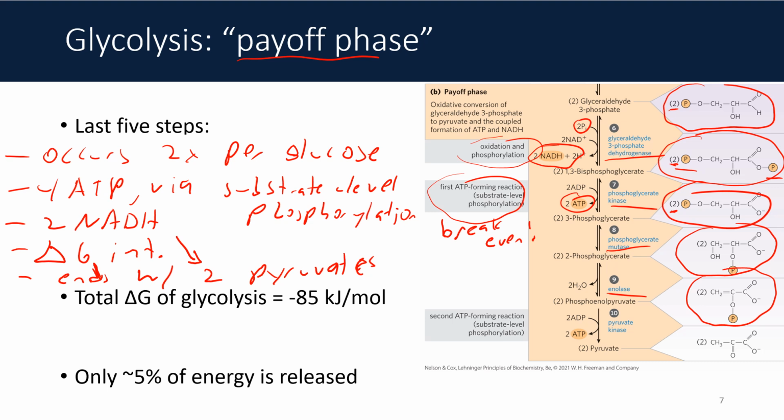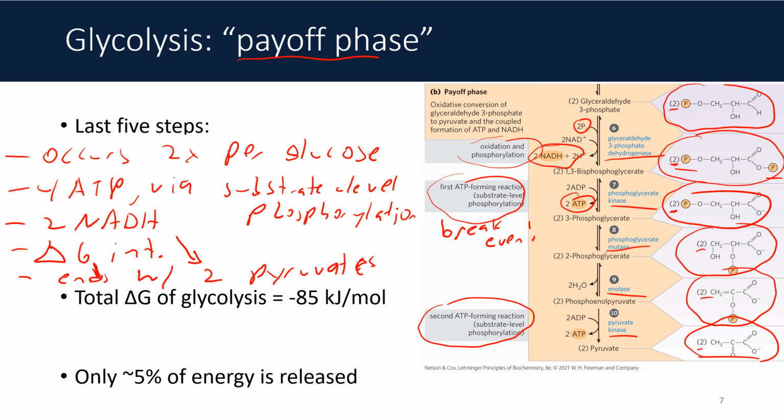This molecule is so unstable that it's going to facilitate the final transformation, where pyruvate kinase will perform our second and final ATP forming reaction, and we will rip off that phosphate and end up with an incredibly stable, by comparison, pyruvate molecule, and we'll have 2 of them for every glucose.